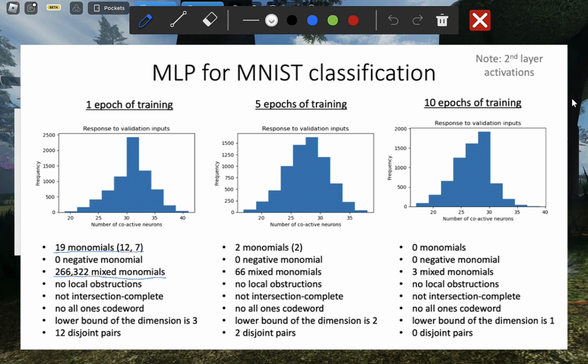But then over time, you get a slow mixing of these things. So you go from these disjoint pairs down to zero, and that corresponds with the monomials going down. But then these mixed monomials also go down, so it means that you get less redundant information as well. Once you've looked for the most obvious places for the Easter eggs, you start looking for the less obvious places in order to capture all the Easter eggs.